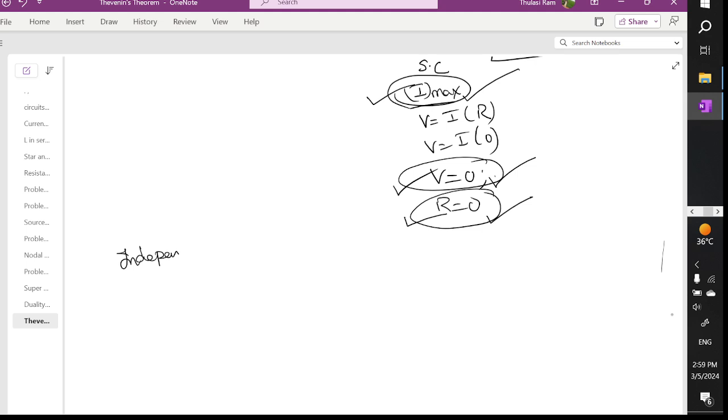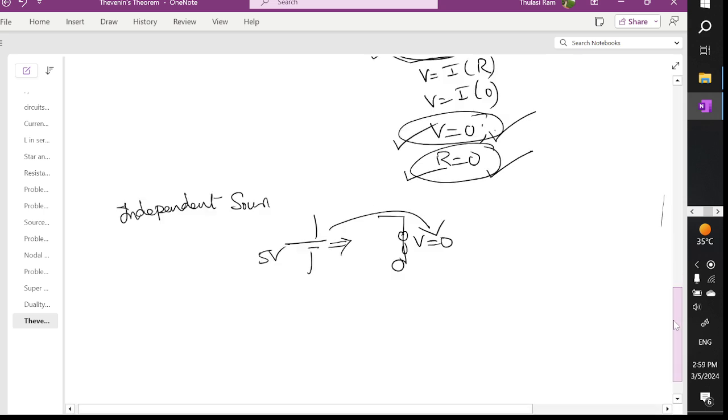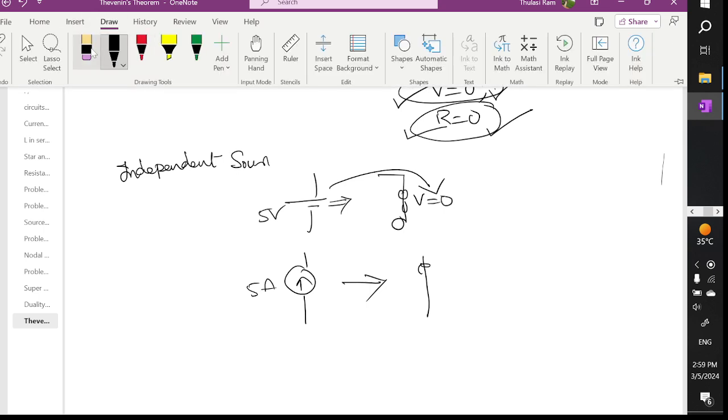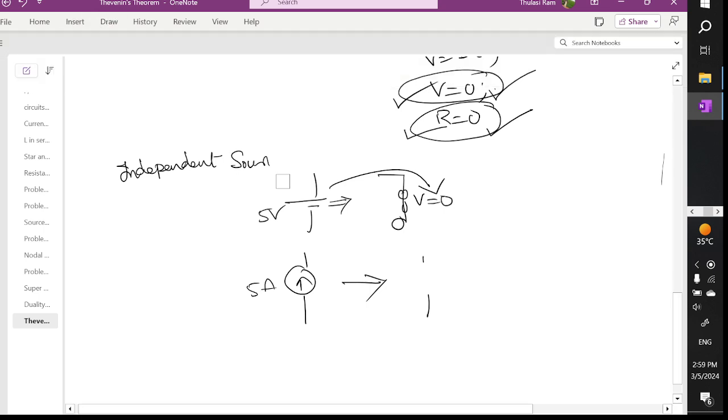When the given sources in the network are independent sources, the voltage source has to be replaced with its short circuit, and a current source should be replaced with its internal resistance, which is an open circuit.